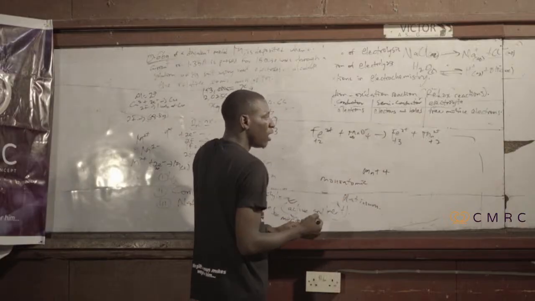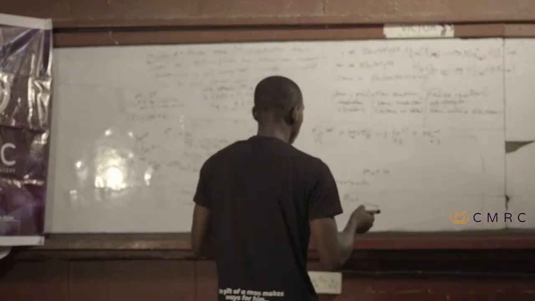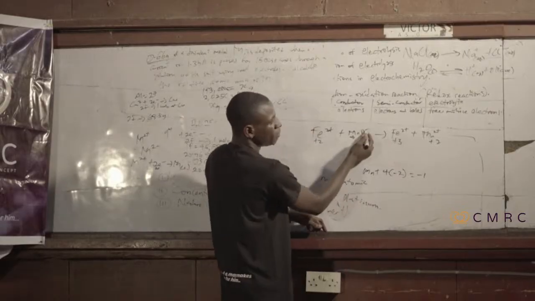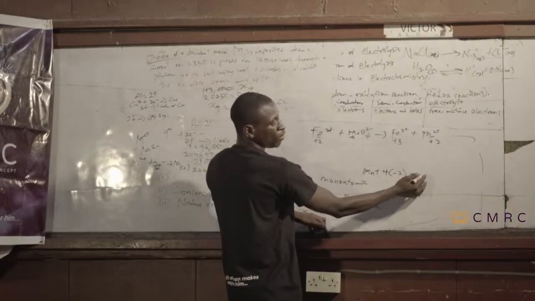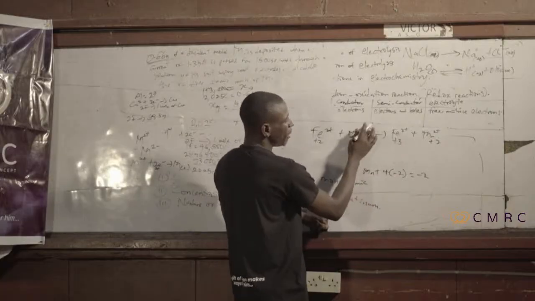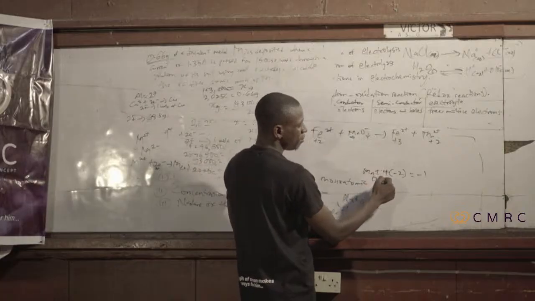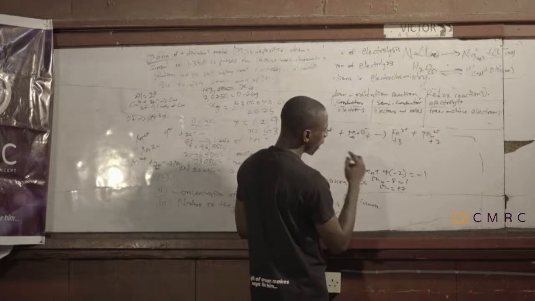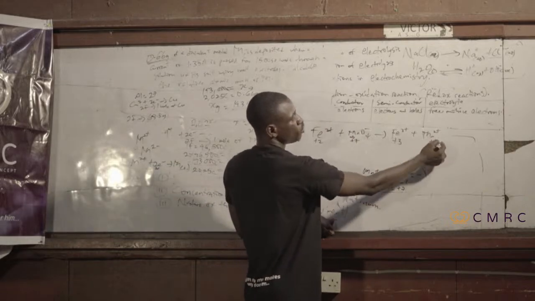Now, oxygen in most compounds has an oxidation number of minus 2. So put minus 2 here. Everything equals minus 1 because of the minus charge here. If it were 2-, it would have been equal to minus 2. But because it is just a minus, it is minus 1. So this gives us Mn minus 8 equals minus 1. Eventually, Mn is equal to plus 7. Meaning manganese is plus 7 here, and it becomes plus 2 in this place.